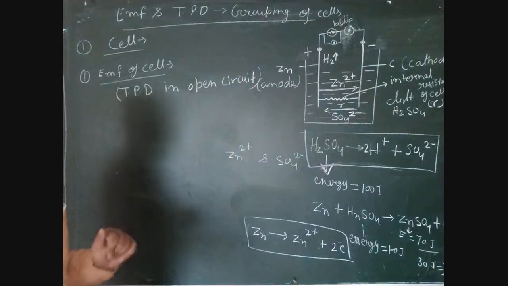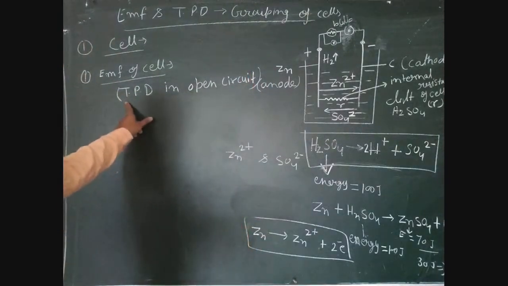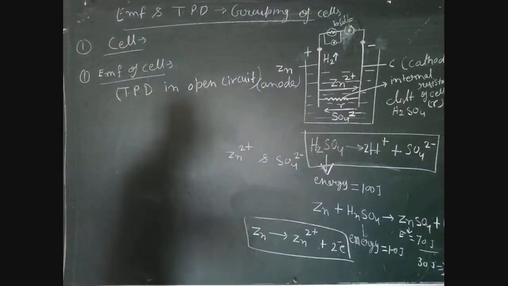So the EMF of a cell is the terminal potential difference in open circuit. Okay, next, write.